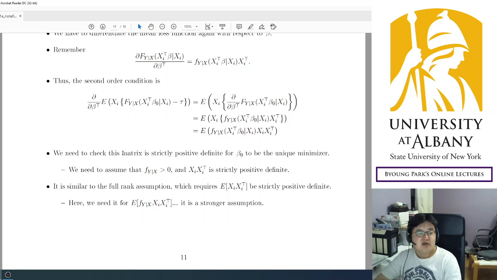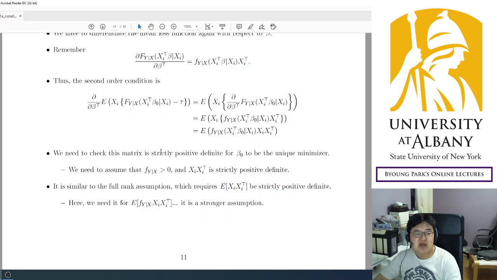So we need to check this expected value. It is a matrix, and it should be strictly positive definite. It's simple. You may think of it this way: it is always positive, and this is strictly positive definite.